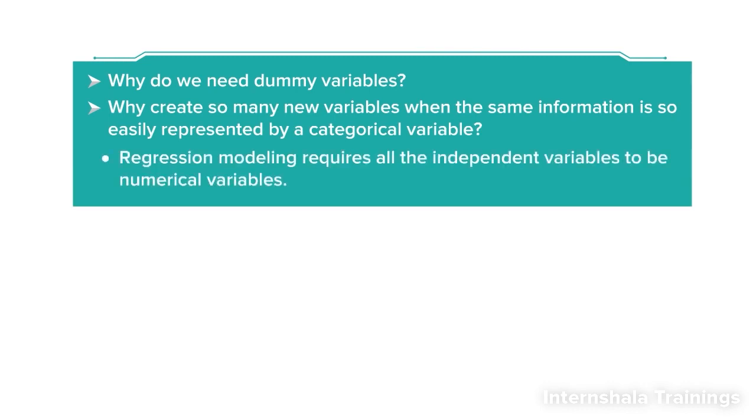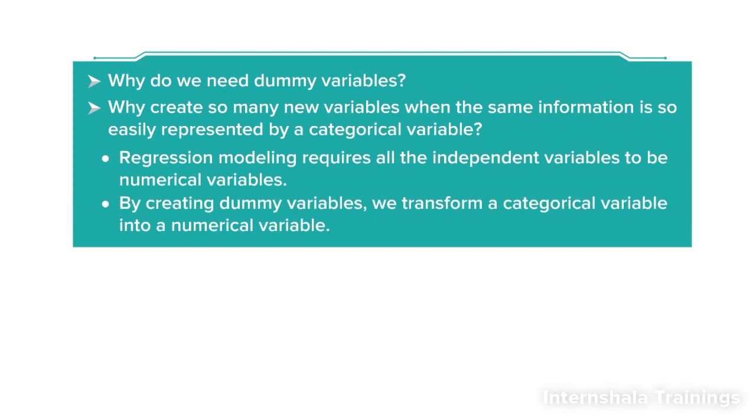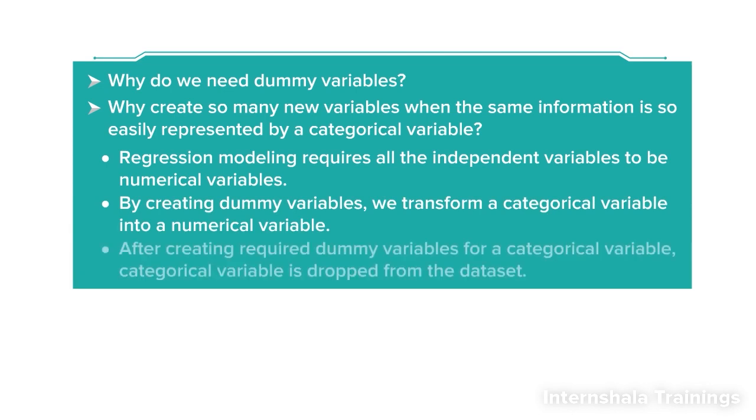The answer is because regression modeling requires all the independent variables to be numerical variables, and by creating dummy variables, we transform a categorical variable into a numerical variable. Once we create the required dummy variables for a categorical variable, we drop the categorical variable from our dataset, since we need only numerical variables in our dataset for model building purpose.